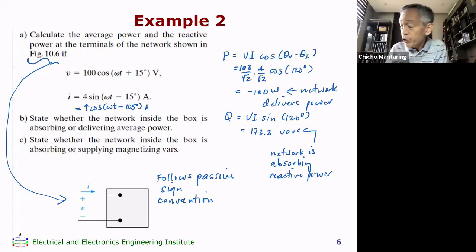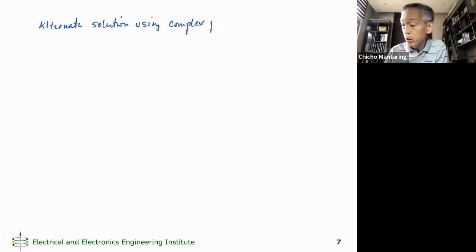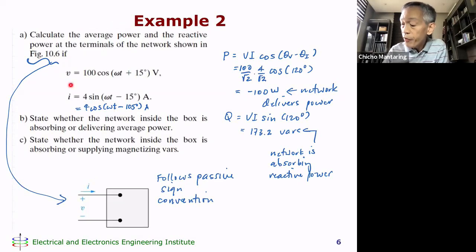Now I want to show you an alternative solution, and I'm going to use complex power. Okay, what is the equivalent phasor of V?